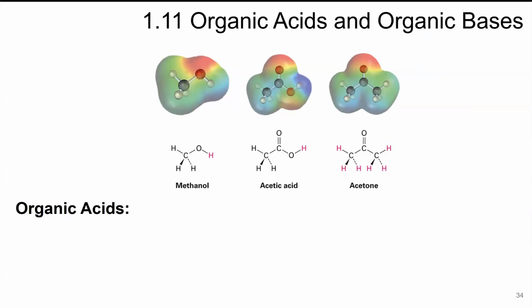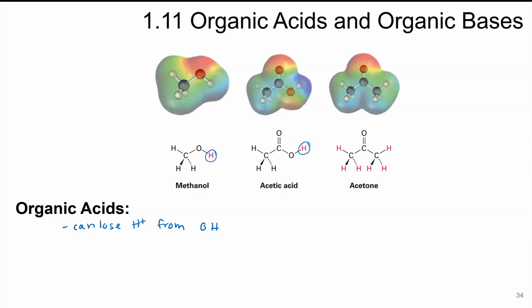Organic acids come in different shapes and sizes. They're generally characterized by the presence of polarized hydrogen atoms. They can lose a proton from an OH. So these would be organic acids. Methanol can lose this H, and so can acetic acid.